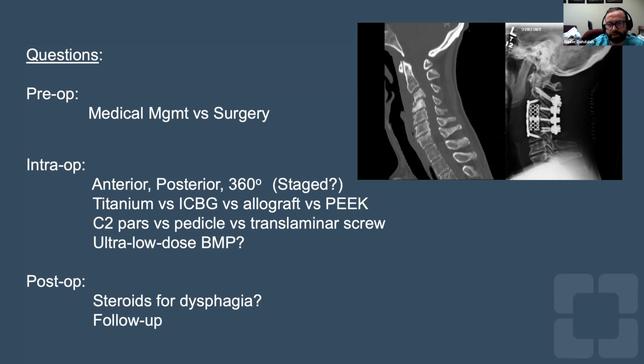Some people have used it low dose with success in places that use it routinely, but I've never used BMP in the anterior cervical spine, not a single time. Yeah, I don't think we ever use it in the anterior spine. I'll certainly use it posteriorly.